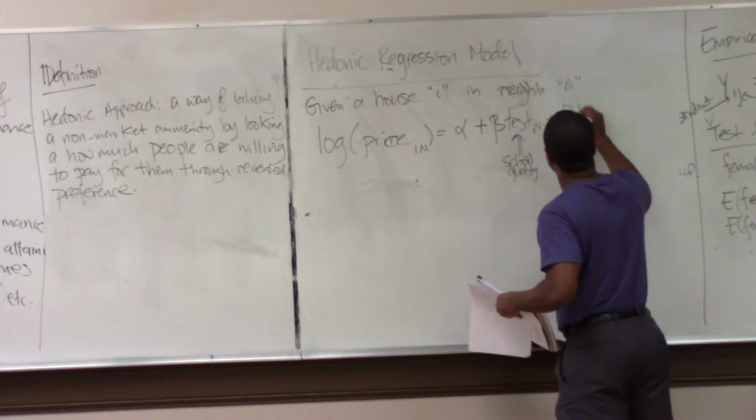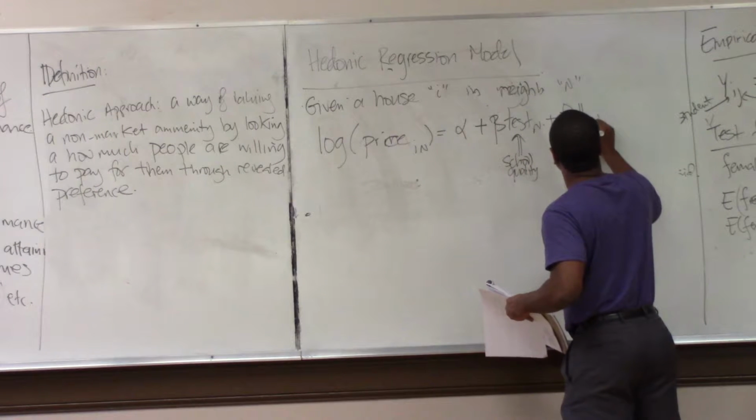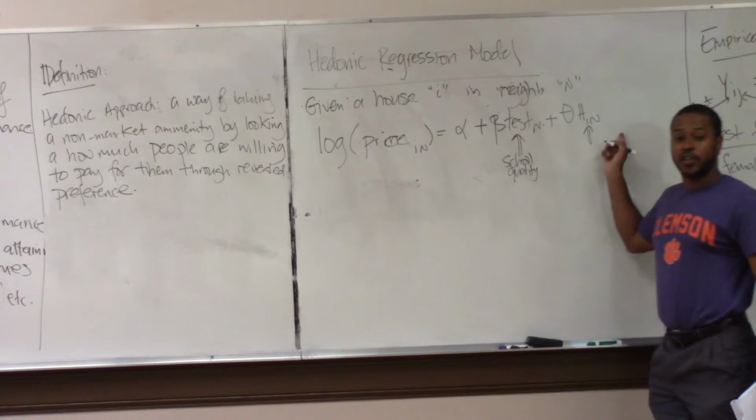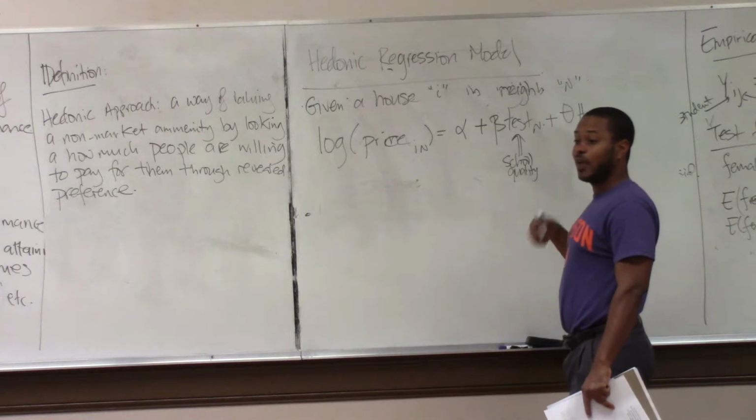Plus beta H_iN, where the H_iN are going to be characteristics of the house. So these are going to capture how good is the housing.